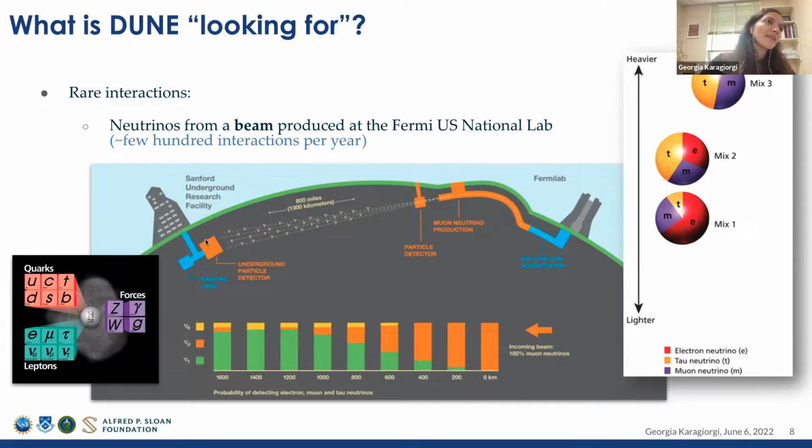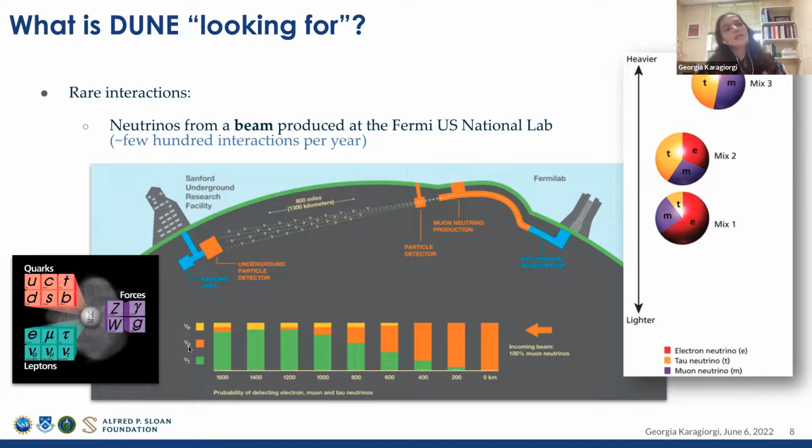And by the time that they reach the far detector in South Dakota, a non-zero fraction of these is expected to oscillate into electron neutrinos, and a lot of them into tau neutrinos as well. So what DUNE seeks to do is measure the flavor composition, both very close to the neutrino production, expecting mostly muon neutrinos, but also at this far detector, and measure the relative fractions of electron and muon neutrinos.